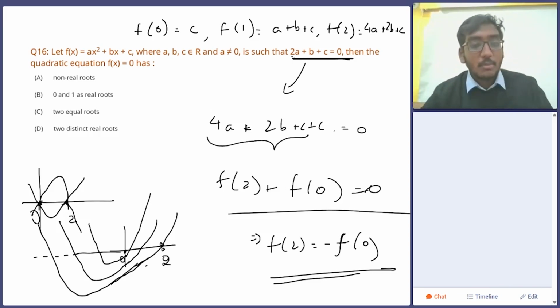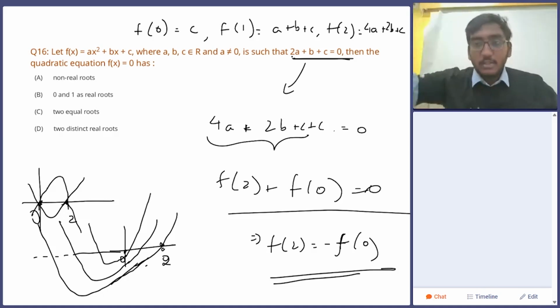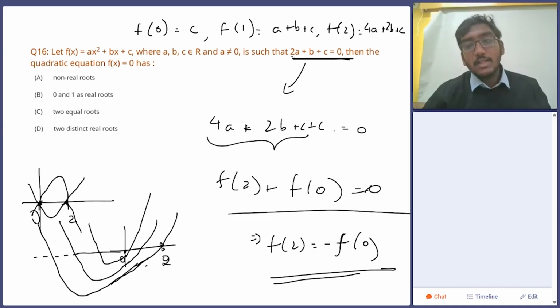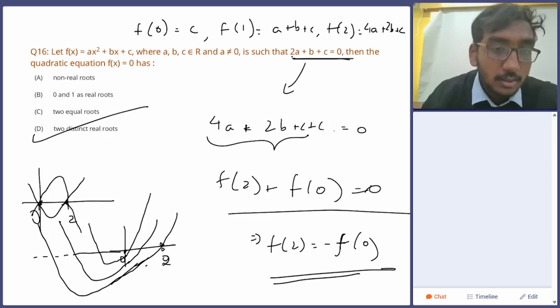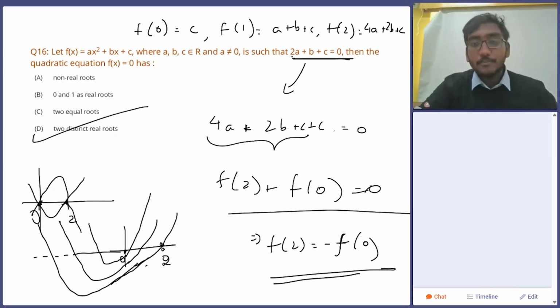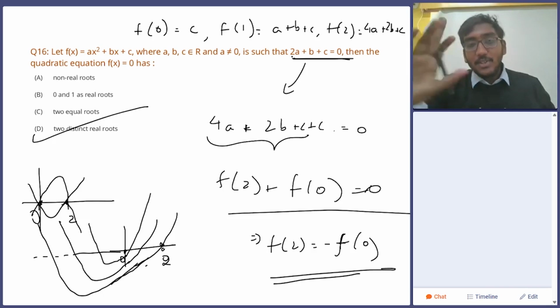That means the parabola will obviously have two distinct roots. It can even be the inverted parabola, this way, right? Still, if there is a change of sign between these two values, obviously it will have two distinct roots. So option D, two distinct and real roots. It also cannot be without real roots. Why?